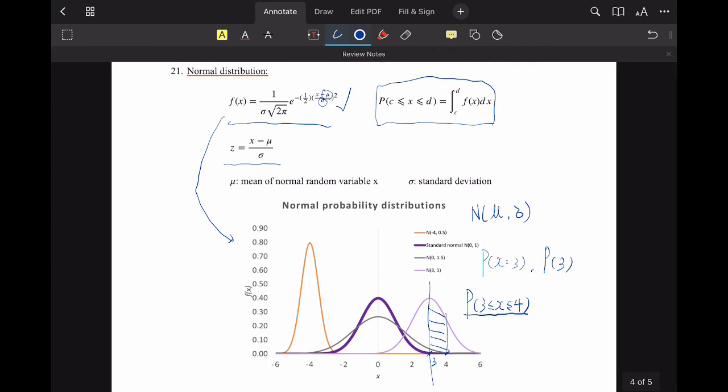Remember, this is a continuous variable distribution. It has an infinite number of sample points. You can just imagine there are infinite sample points, and for each sample point, it's just this very small slice here.